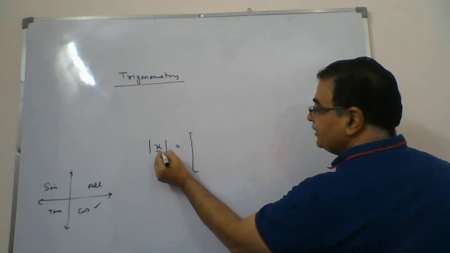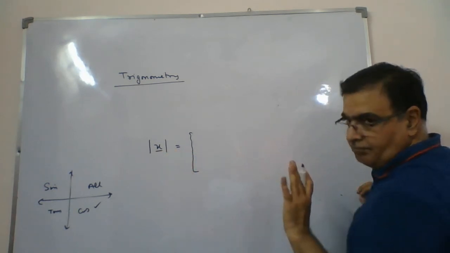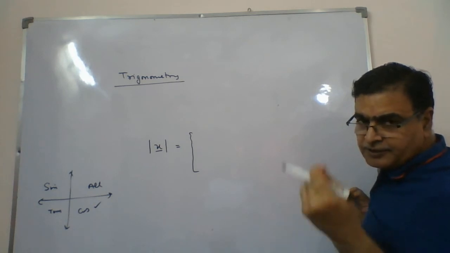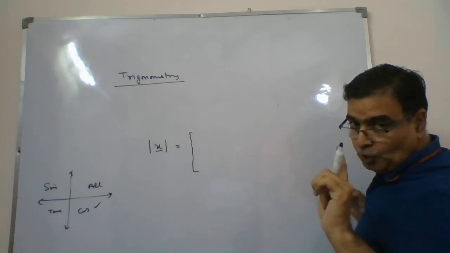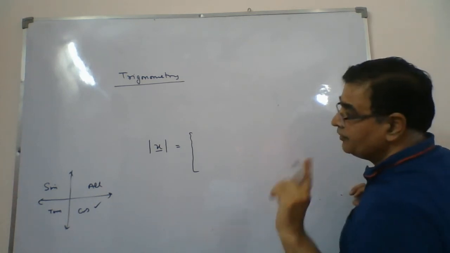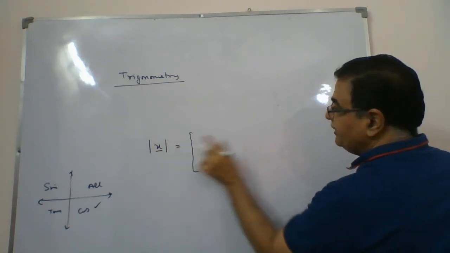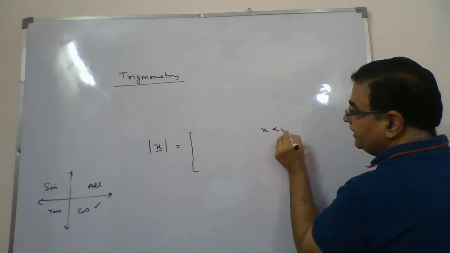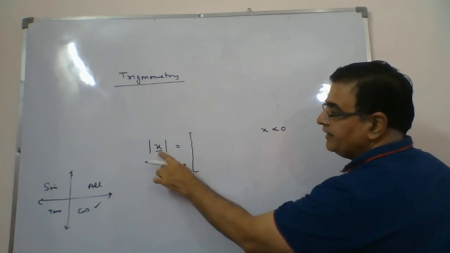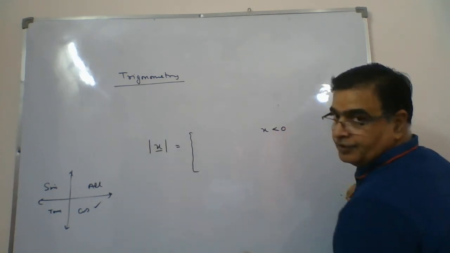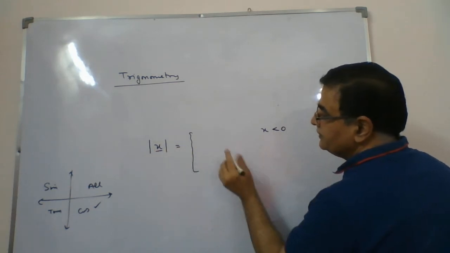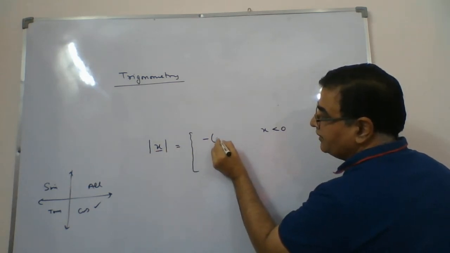Whenever the inside quantity is negative, till now you used to say modulus x means simply a positive number. No, because when you think about the general case, there is a slight change. Modulus x, whenever the inside quantity is negative, that means x is negative, then to remove modulus, we will put one more minus in front.